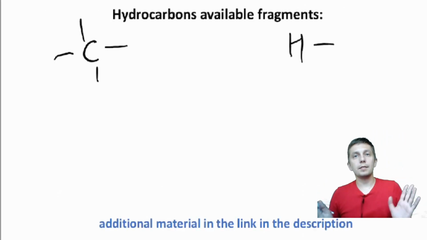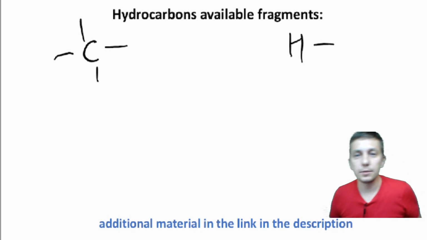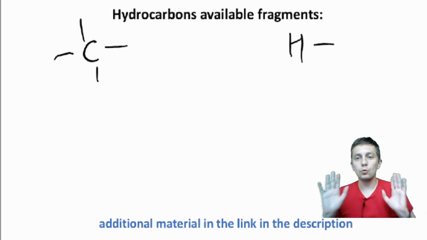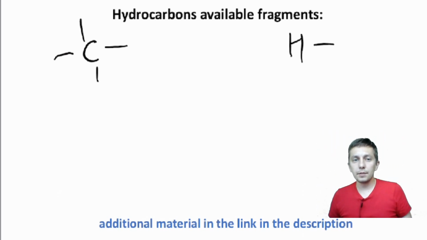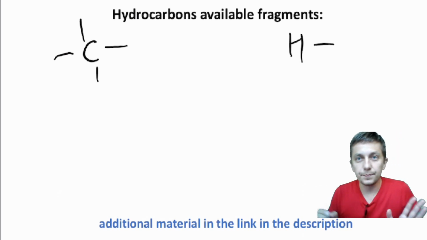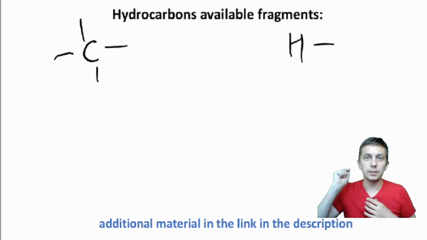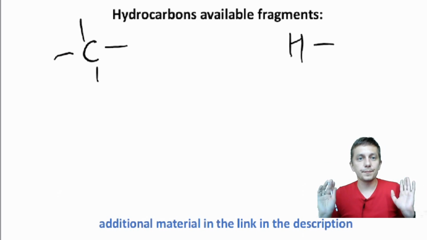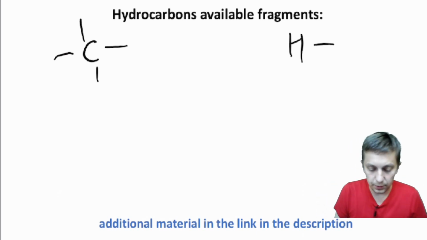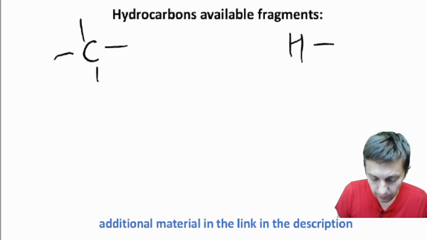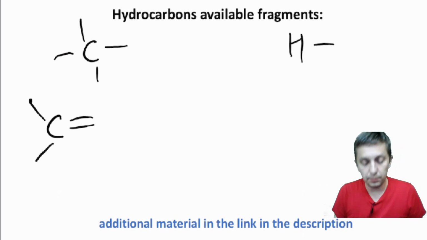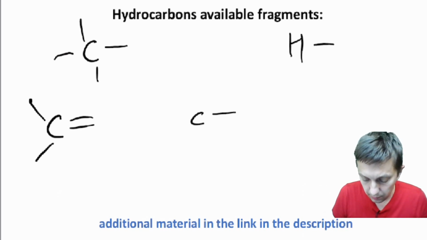So what must you memorize for hydrocarbons? You have only 2 fragments: carbon with 4 bonds and hydrogen with 1 bond. With hydrogen we have only 1 option, but with carbon we have many options. For example, we can draw carbon with a double bond and 2 single bonds, or 2 double bonds.